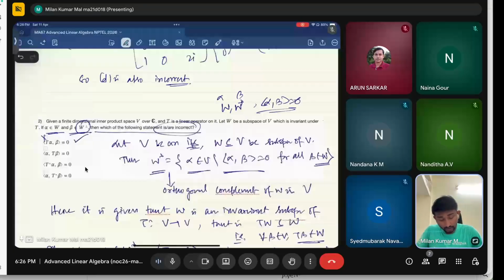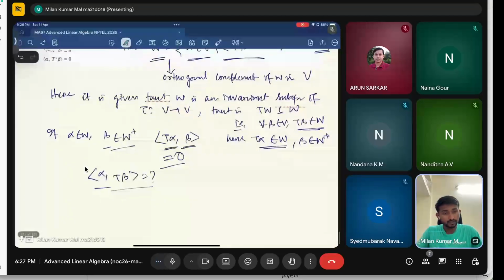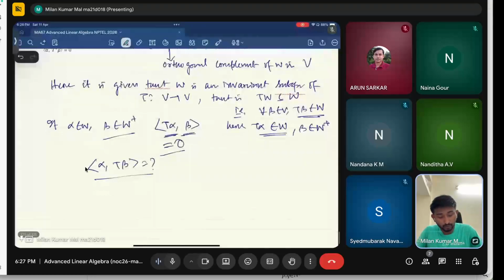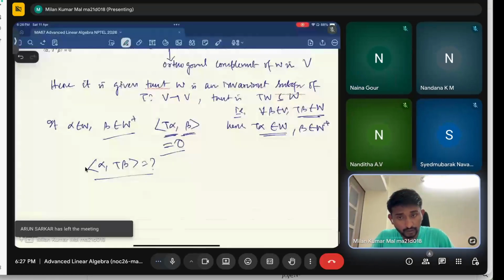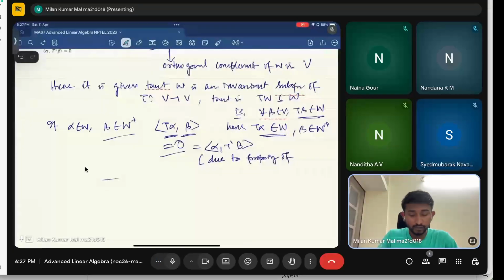Note that once I know this fact that inner product of T alpha and beta is equal to 0, then we know this is actually equal to inner product of alpha and T star beta, right? That is the adjoint property. We know that the adjoint of a linear operator is defined this way.